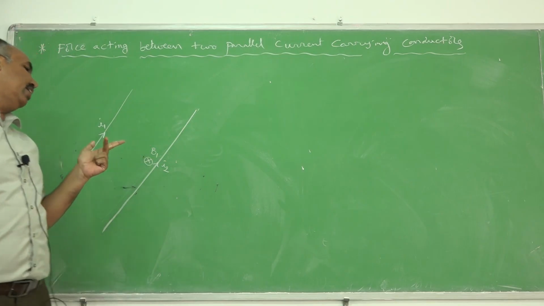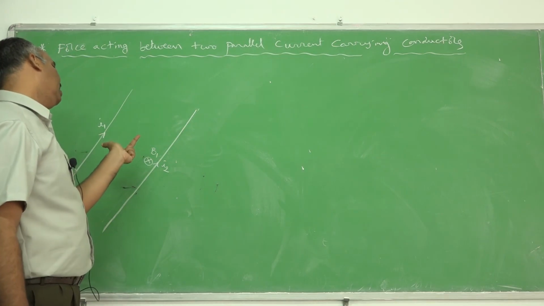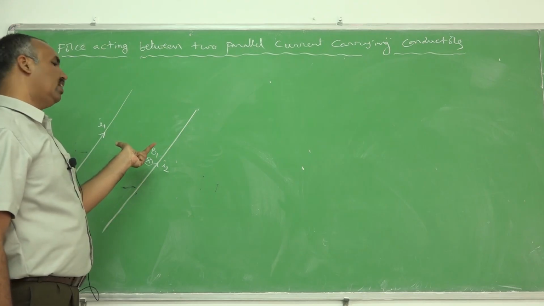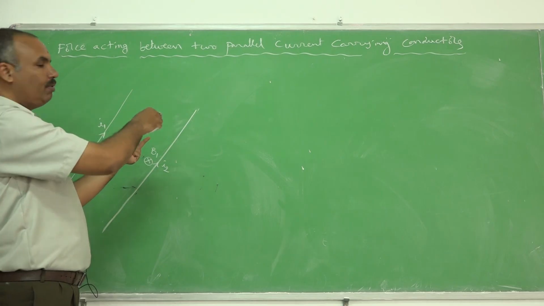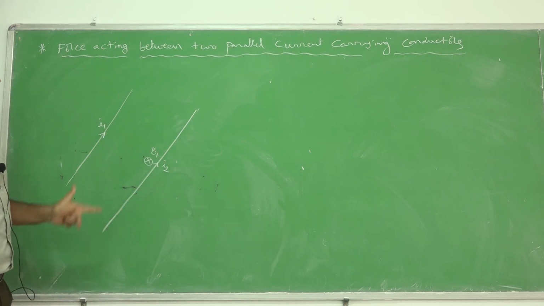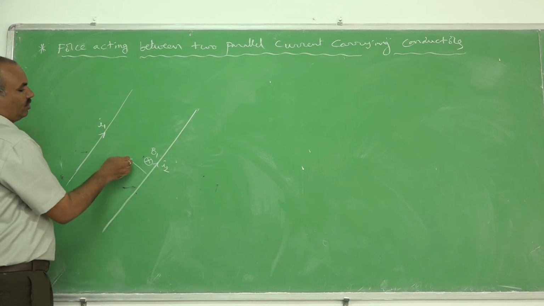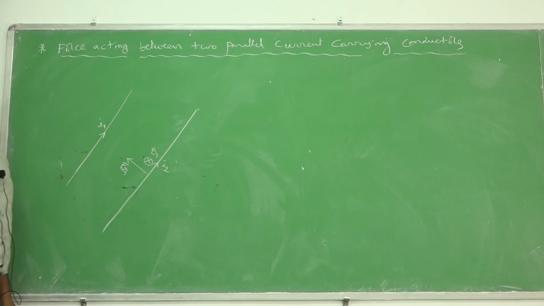According to Fleming's left hand rule, current is going like this, magnetic field is into the paper, so definitely the force direction is like this. Here current is in the direction of the middle finger, magnetic field is in the direction of the index finger, and it experiences a force in this direction. This is the force experienced by the second conductor because of the first conductor.